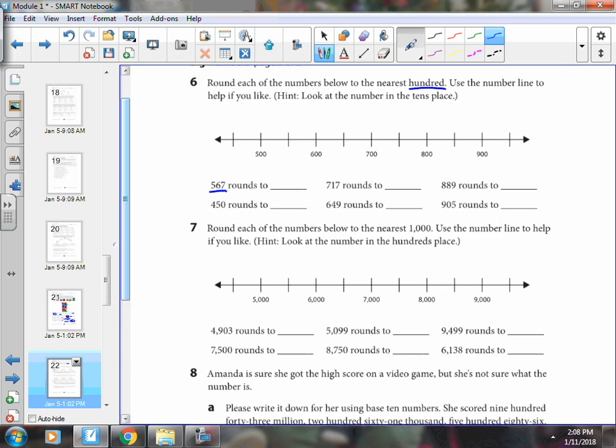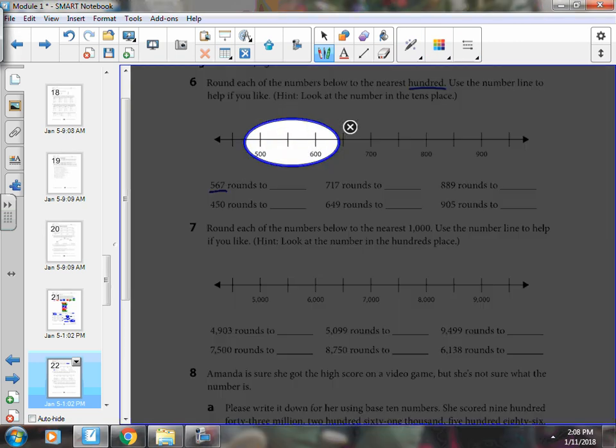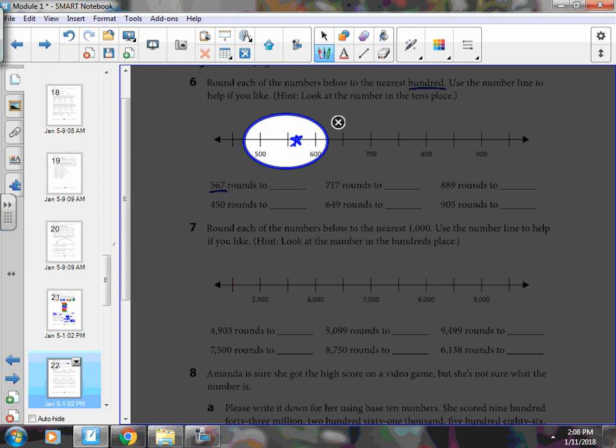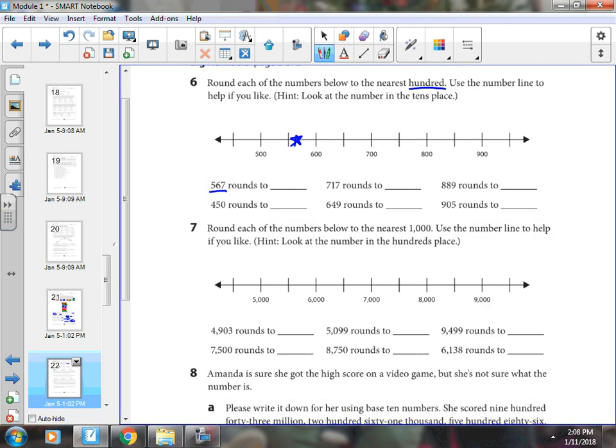I know that 567 is between 500 and 600. 550 would be right in the middle, so 567 is probably like right here. And you can tell that that star is closer to 600, not 500. So that's a way you could use the number line if you wanted to.